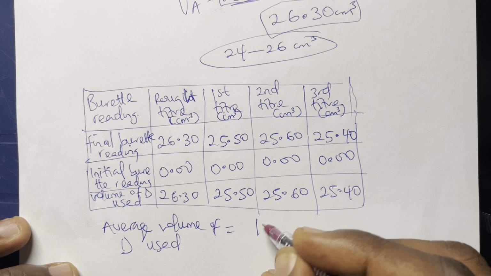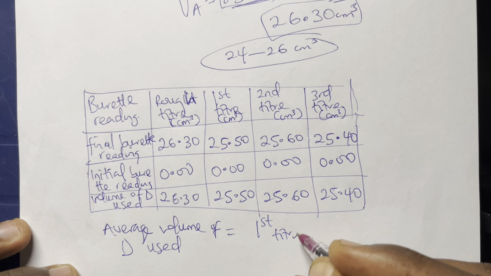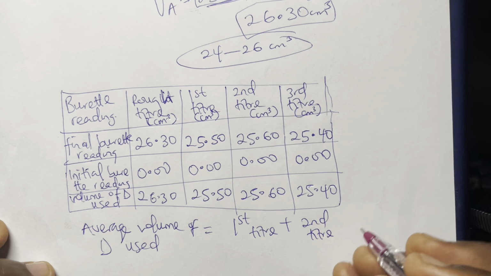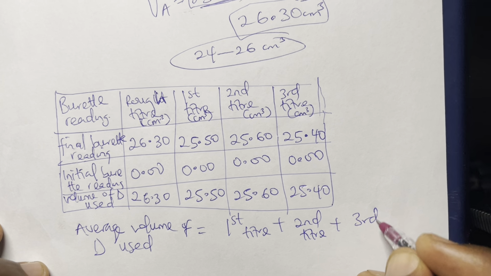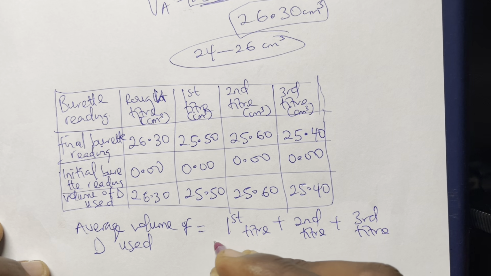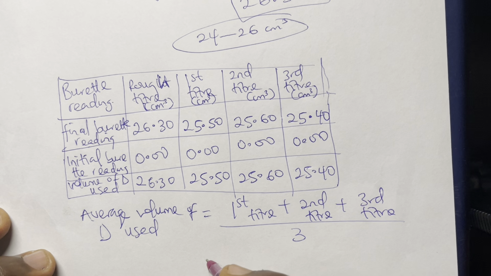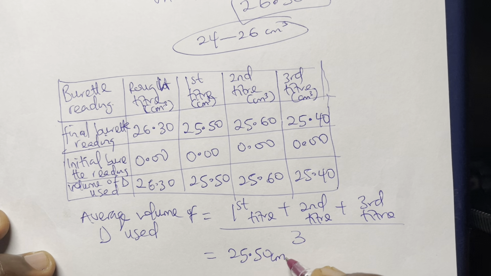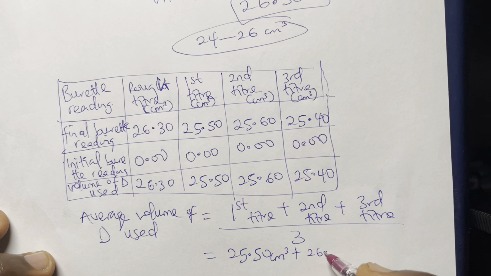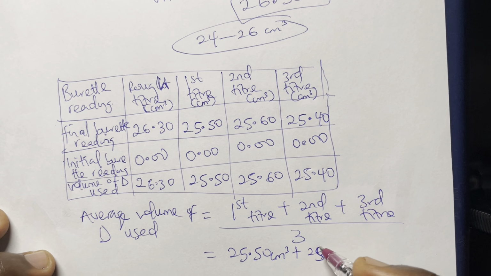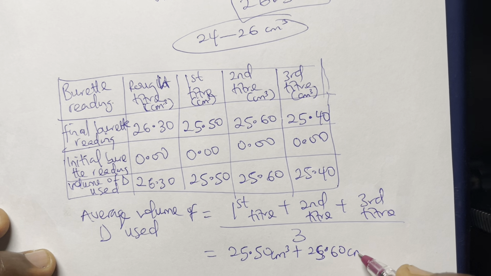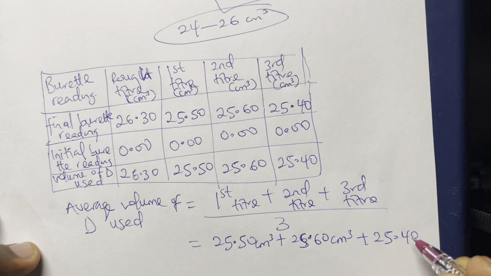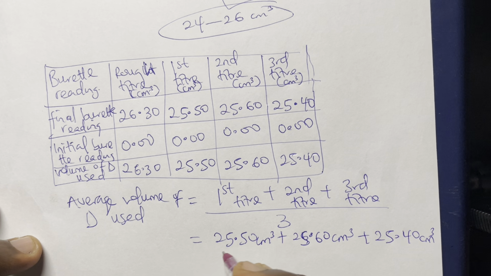that's going to be the first titre plus the second titre plus the third titre, over 3. So if you do this, basically you're going to get 25.50 cm cube plus 25.60 cm cube plus 25.40 cm cube, over 3.